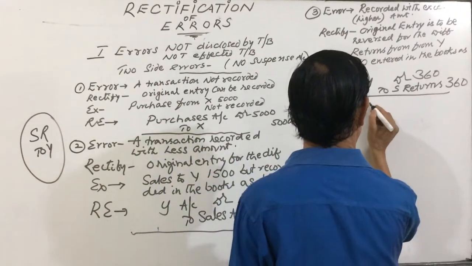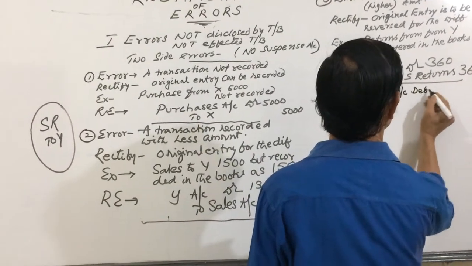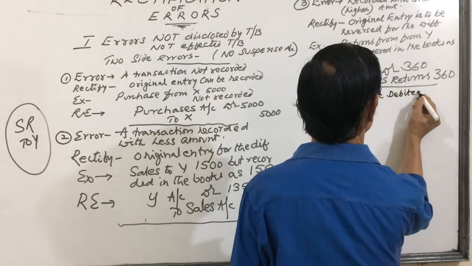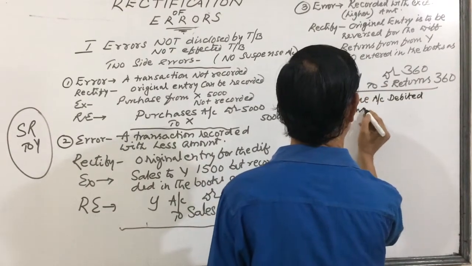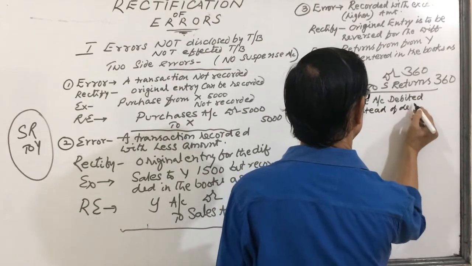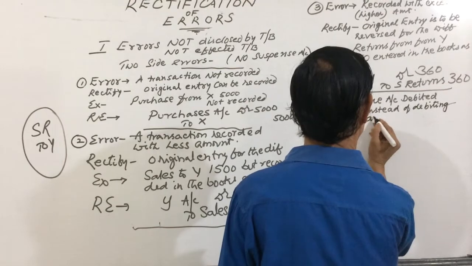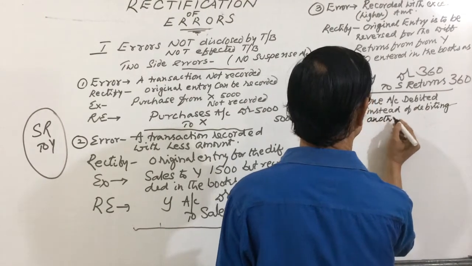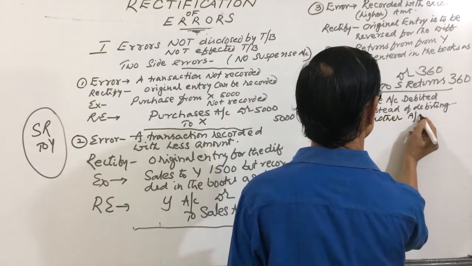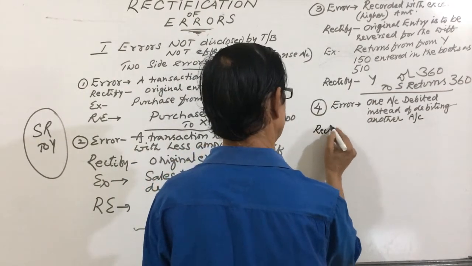One account debited instead of debiting another account. How to rectify?